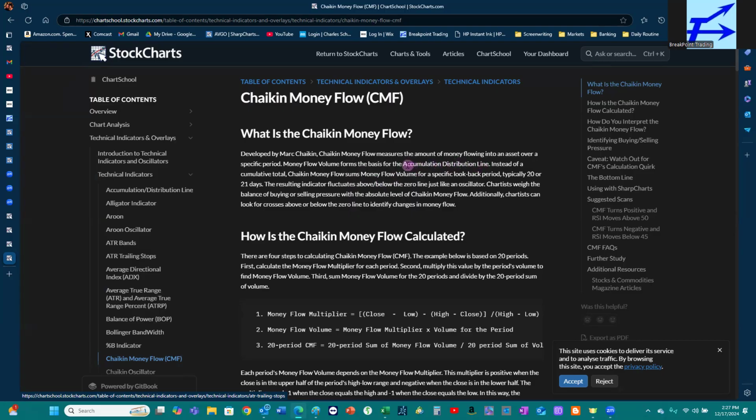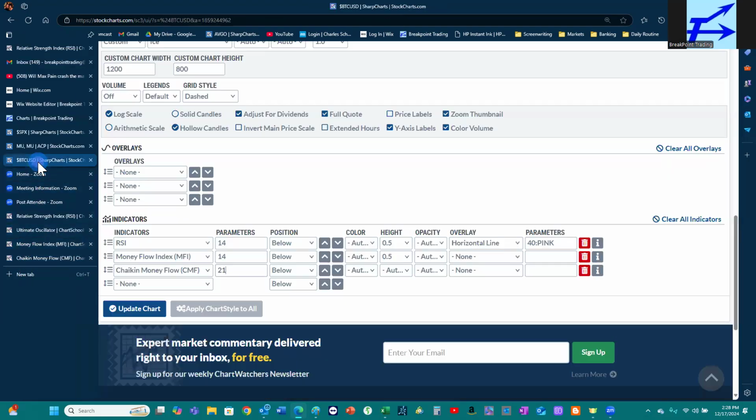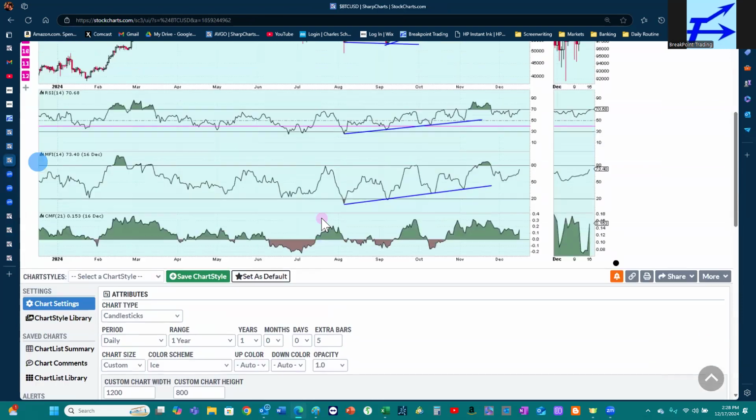So the MFI, money flow index, uses basically the same calculations as RSI and just adds volume to it. But the Chaikin money flow uses the accumulation distribution line instead and adds volume to it. So now it will help you understand whether money is flowing in or out of a particular stock.